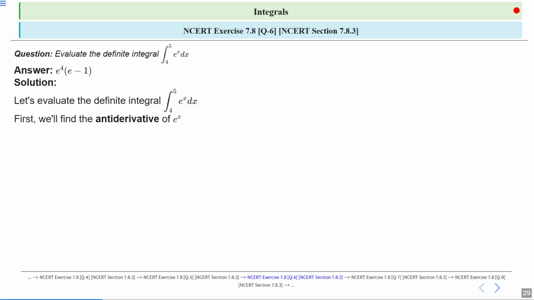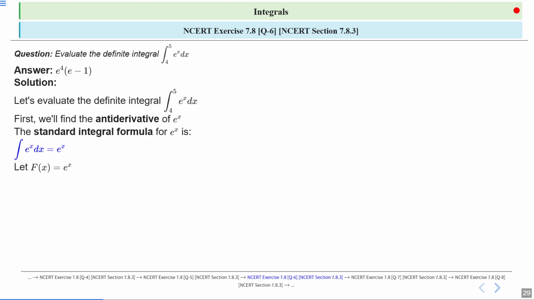Consider it as I. So let's evaluate the definite integral from 4 to 5 of e^x dx. Here the lower limit is 4 and the upper limit is 5. So at first we find the value of the antiderivative of e^x. The standard formula is integration of e^x dx is e^x.